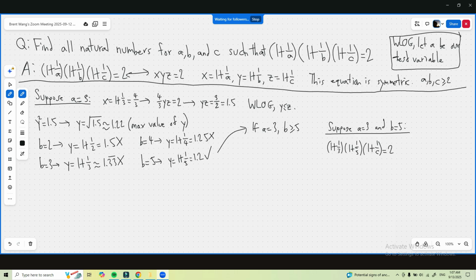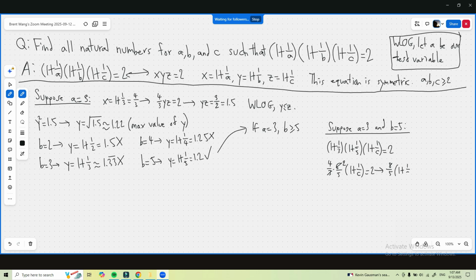So 4 over 3 times 6 over 5, and 6 and 3 give you 2 and 1, so 8 over 5.